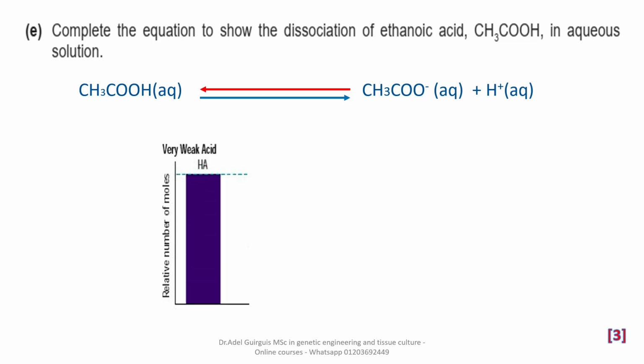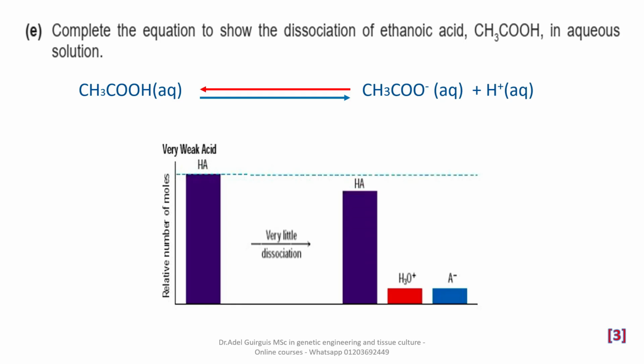It's considered a weak acid. If we are given 100 molecules, for example, 100 molecules of HA of ethanoic acid, only less than 10% of molecules dissociate into protons that combine with water to form hydronium ion and negative ion. The remaining, most molecules of the substance, are still represented as complete molecules of ethanoic acid.